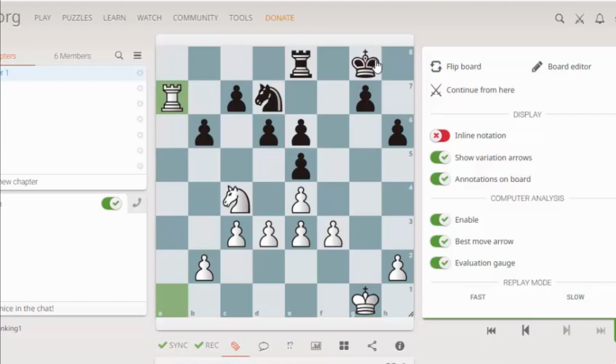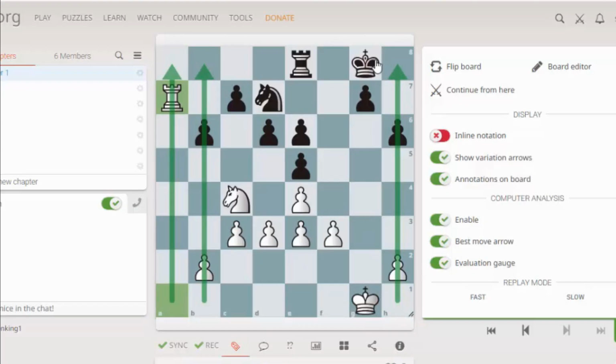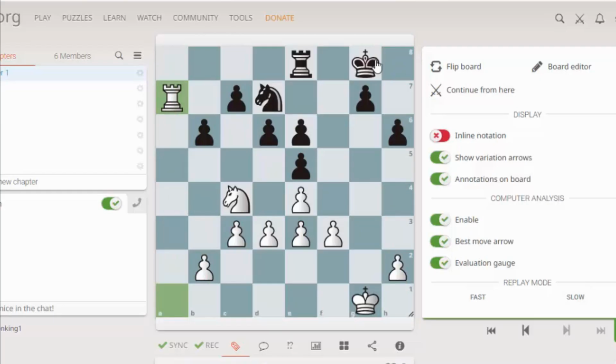That is Rh7. Okay. So, for white, the left side always starts with the a file, then the b file, and the right side will be the h file. And for black, of course, it's flipped. Yes, for black it will be flipped.